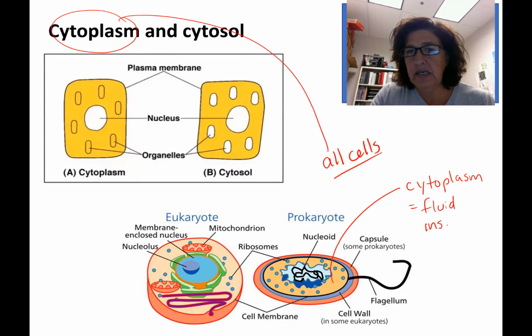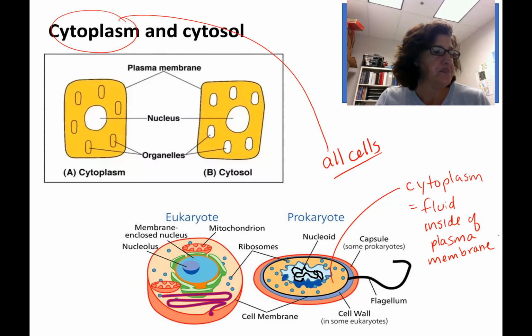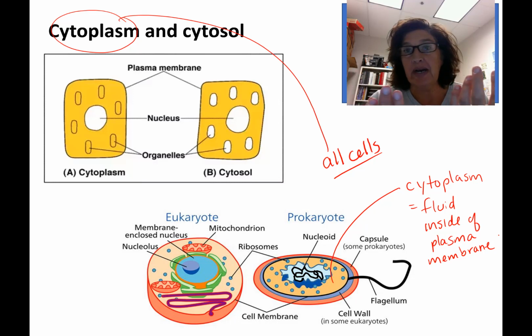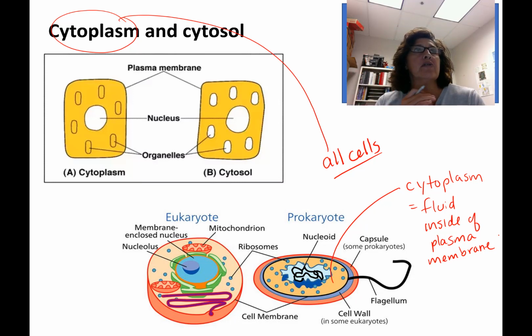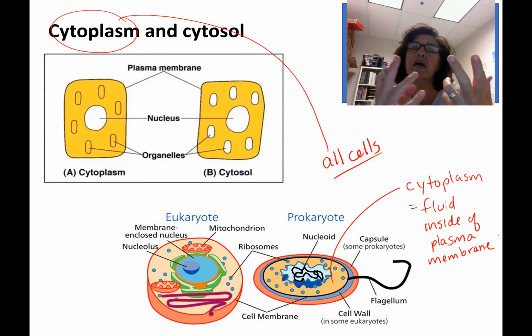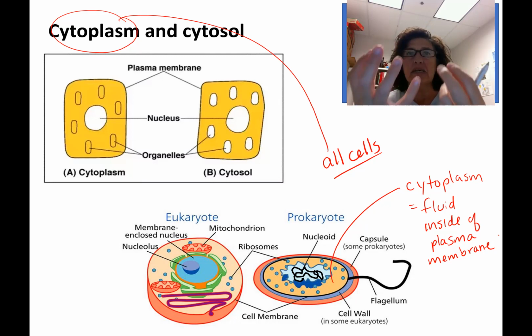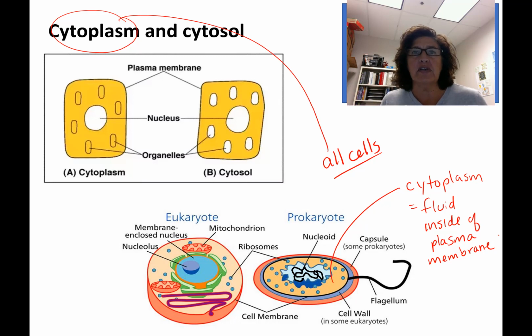And it's the fluid inside of the plasma membrane or the cell membrane. And it's where lots of chemical reactions happen. When we talk about cellular respiration, we'll talk about glycolysis. Glycolysis is this group of enzymes floating around in the cytoplasm that work together to break down sugars so that the cell can eventually use those sugars for energy.